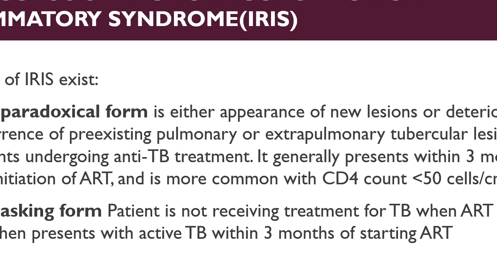And the second form is the unmasking form, when the patient is not receiving anti-TB treatment when ART is initiated, and then presents with active TB within 3 months of starting ART. So the TB disease unmasks when ART is started.